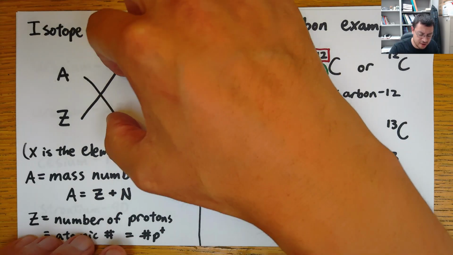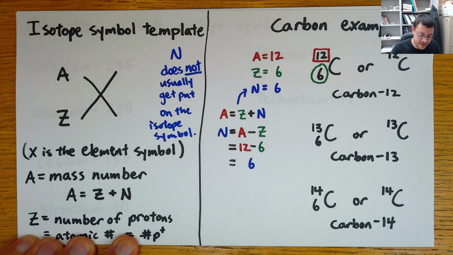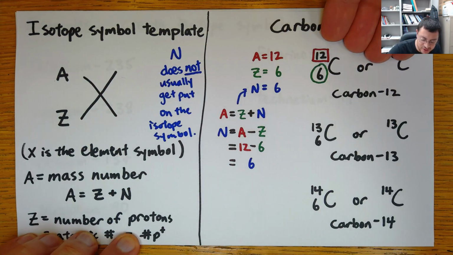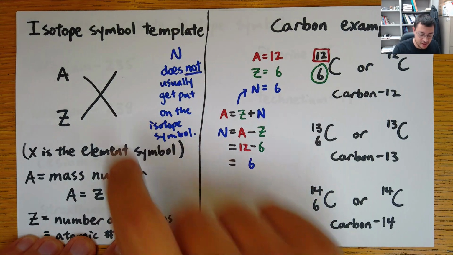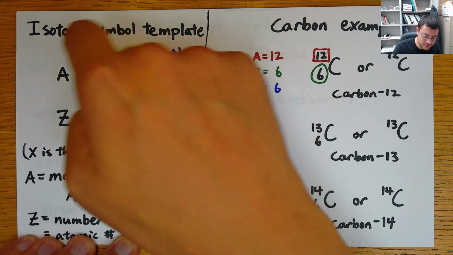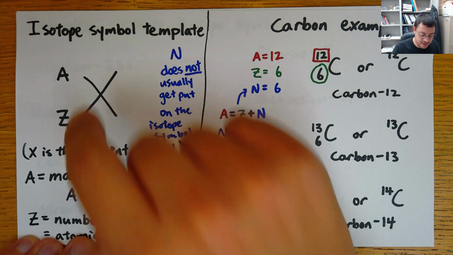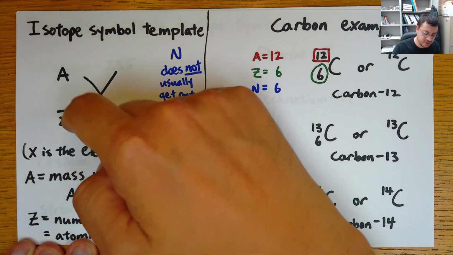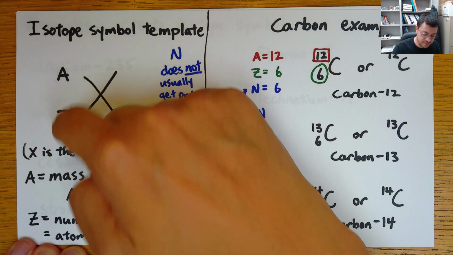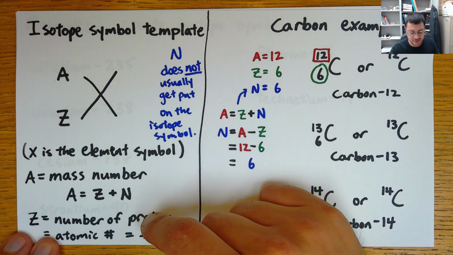This is going to be our isotope symbol template. X just means whatever your element symbol is. I got some examples here if you want to look at those. So for carbon, we would just put a C here. And then some new terminology. Z is the number of protons, also known as the atomic number.